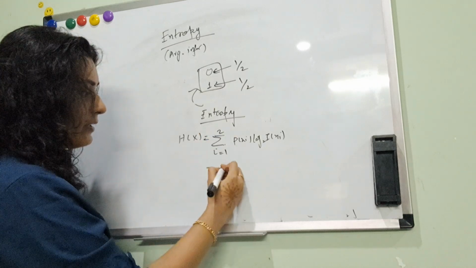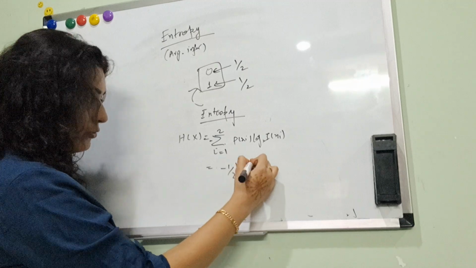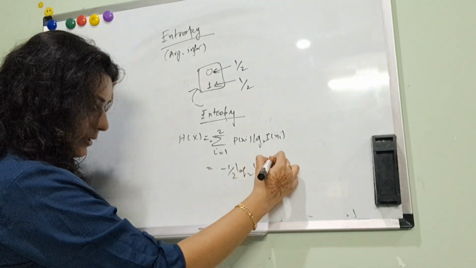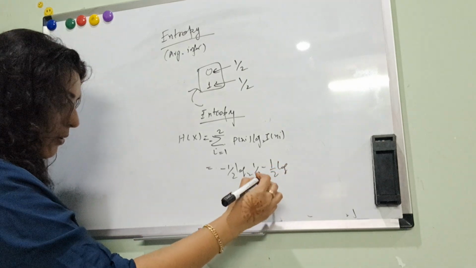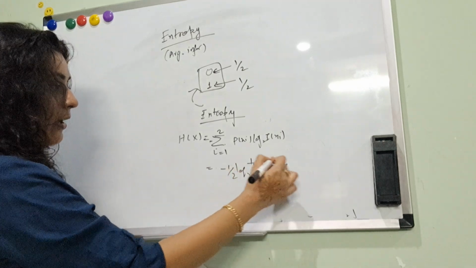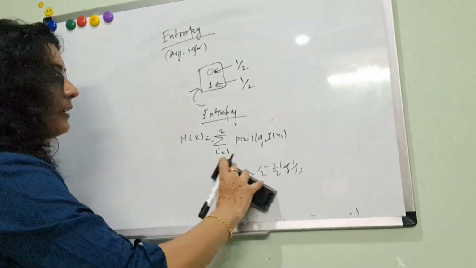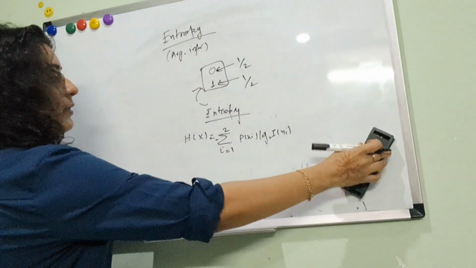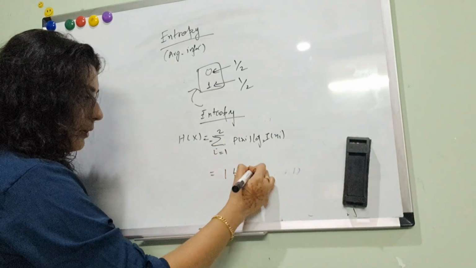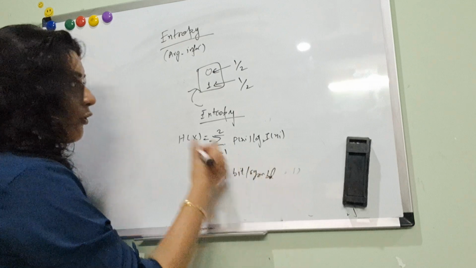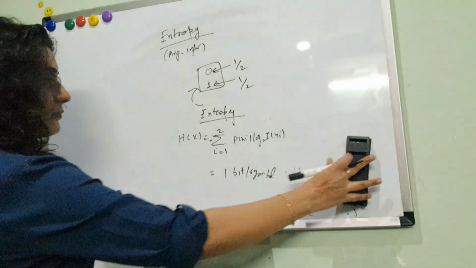I am just going to expand this expression: minus half log 2 half minus half log 2 half. When we solve this expression, we will get 1 bit per symbol. The entropy of the binary source we calculated here.